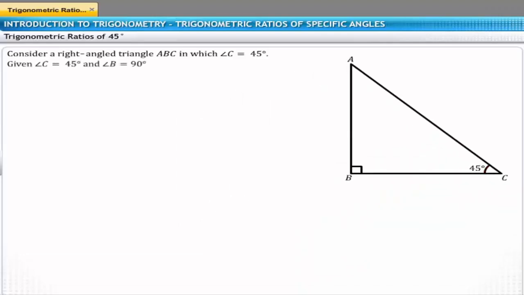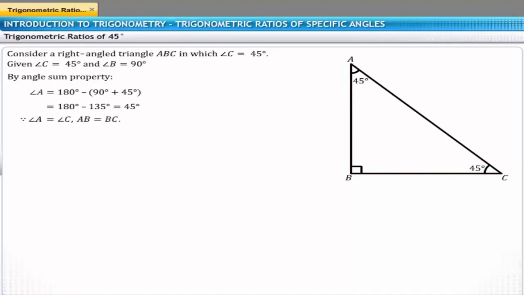Given angle C equal to 45 degrees and angle B equal to 90 degrees, by angle sum property, we find that angle A is also equal to 45 degrees. Since sides opposite to equal angles in a triangle are equal, we can say that the length of AB is equal to the length of BC.